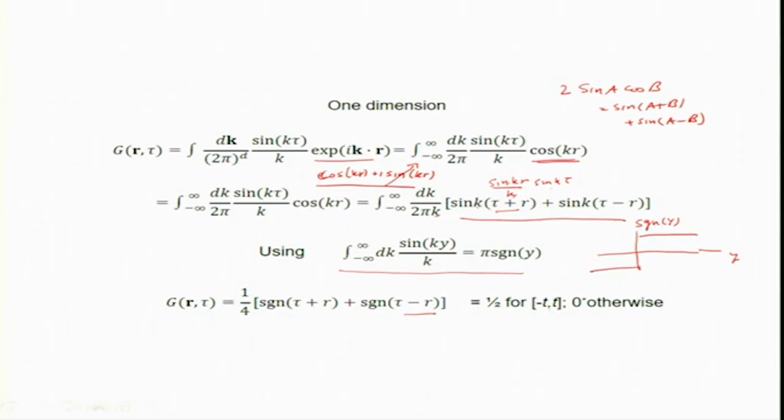So from minus t to t we get half and 0 otherwise. So what we get here is like that, a function of time. This is 0, this is t and minus t, and this value is half. This is my g of r.